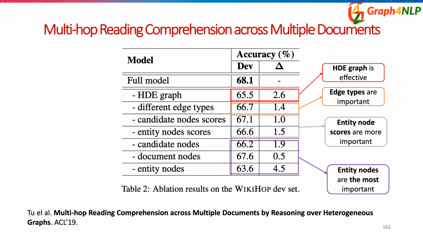Meanwhile, if we look at it in more detail, what kind of node scores are most important? We can see entity node scores are most important. So this is not very surprising, right? Because most of the reasoning is really based on relationships among the entities. Entity carries the context information in the document, while the candidate node does not carry such information.